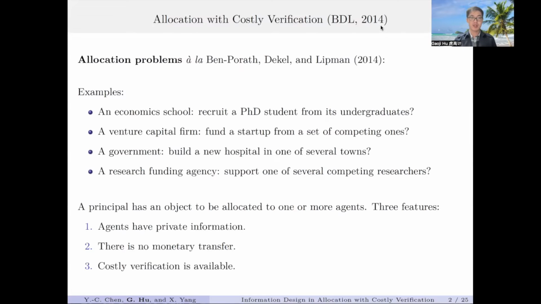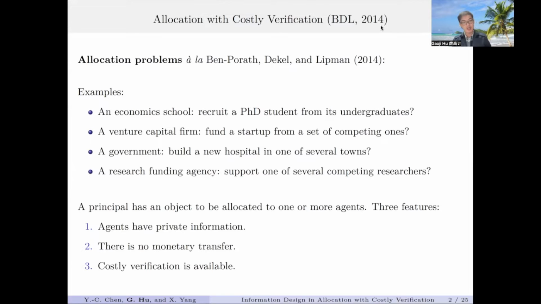So first, we consider the allocation problems in the style of Ben-Porath, Dekel, and Lipman. Here are some examples to illustrate the allocation problems. First, an economics school may consider whether to recruit a PhD student from its undergraduate students. Second, a venture capital firm may consider whether to fund a startup firm from a set of competing ones.